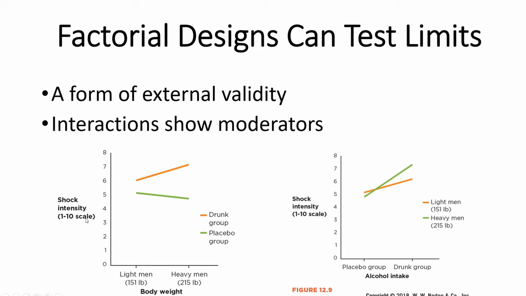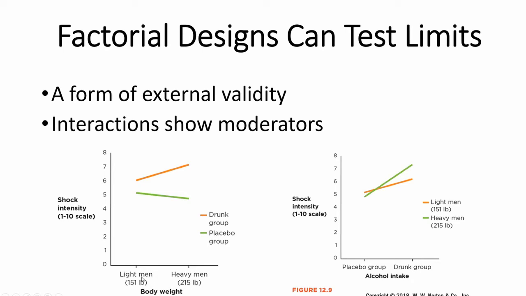They wanted to test if that same idea, that people who are drunk are more aggressive than people who are not drunk, the placebo group, would hold true for people of different sizes. So they basically wanted to test the stereotype of the angry, large, drunk man.